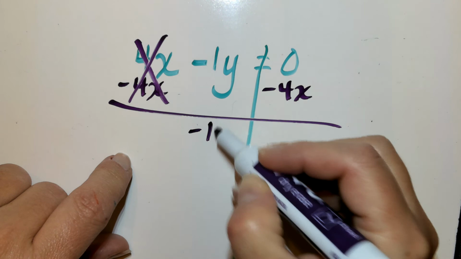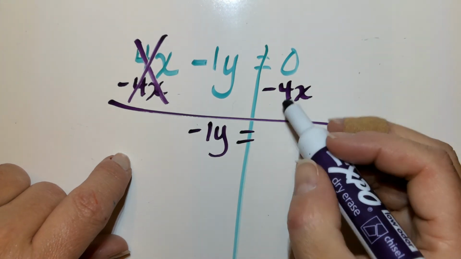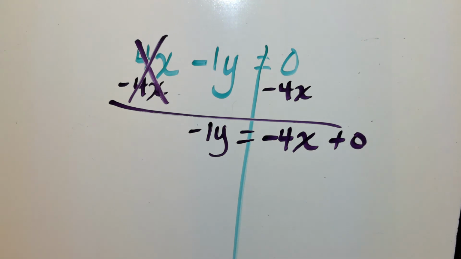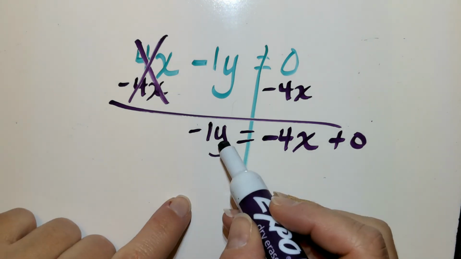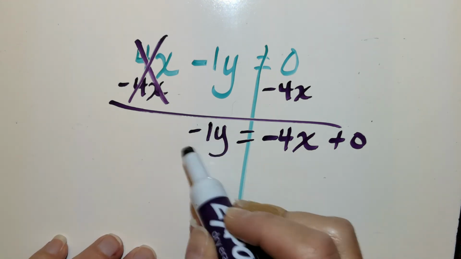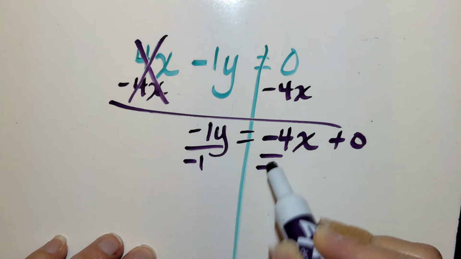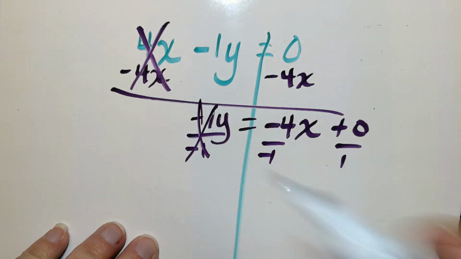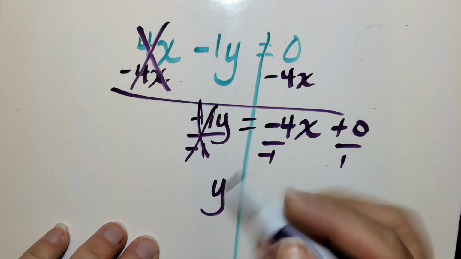4x minus y, which is really a 1y, equals 0. Let me zoom out a little bit. Maybe that'll help. I know the autofocus gets a little touchy. All right, let's move the x term over.